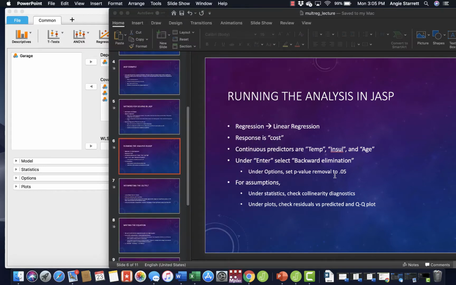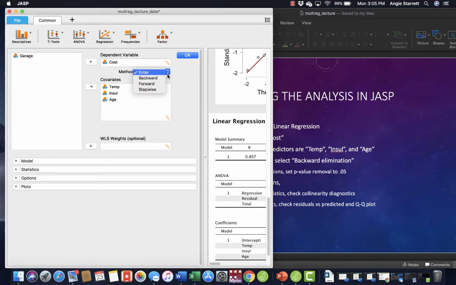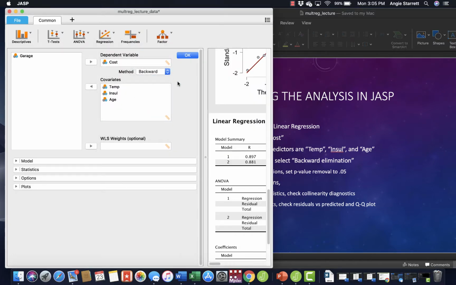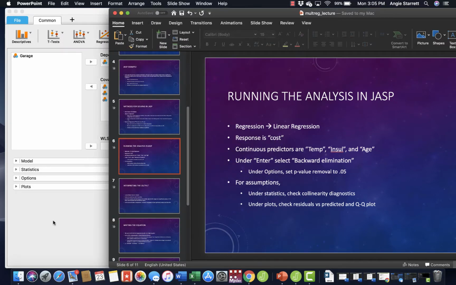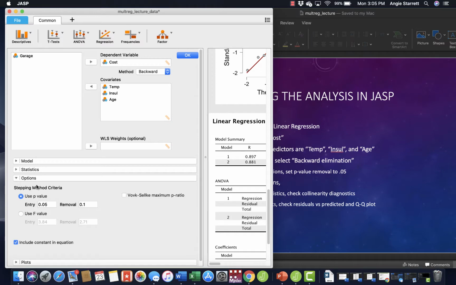Under enter, we are going to select backward elimination. But we need to go under options and change our p-value. Unfortunately, the removal alpha is set at 0.1, and we want that set at 0.05.